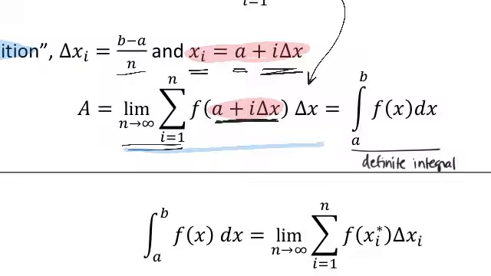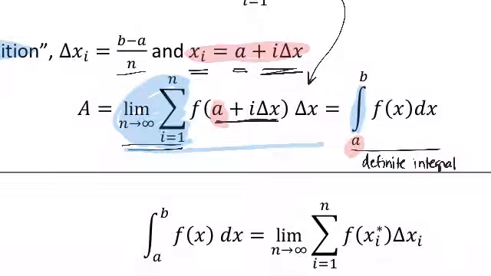And in terms of the pieces of this, let's see if we can do a little bit of color coding. This whole thing right here, the limit of the sum, is what now became the integral. That's the integral. And then the a is our starting value for x.